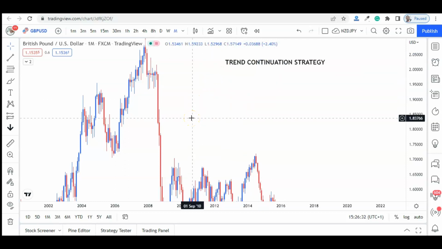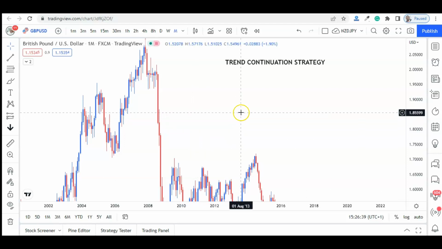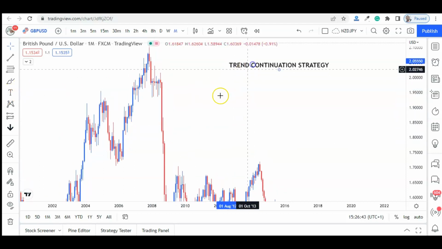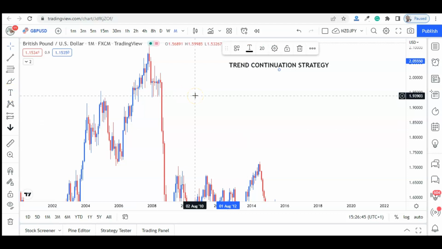I'm going to show you the anatomy of a trend continuation pattern strategy, and the trade I took last week on pound USD. First of all, you have to determine the trend. We have different steps that you need to know, just two simple steps.